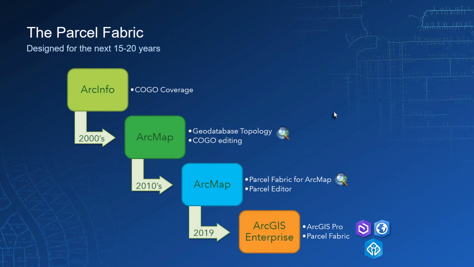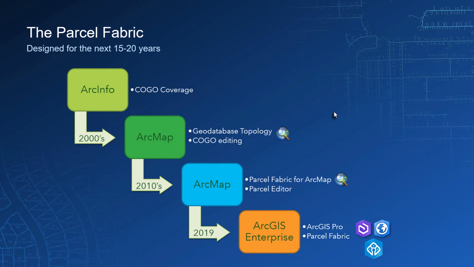The Parcel Fabric is not new in Esri. It's a fourth generation of cadastral technology. In the 2000s, we used ArcInfo with coverages. In 2010, ArcMap used geodatabase topology with COGO editing. In the ArcMap days, we purchased an Australian product and put it into ArcMap, and that was the ArcMap Parcel Fabric.